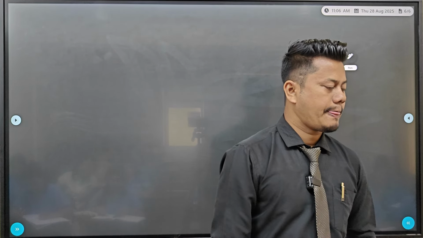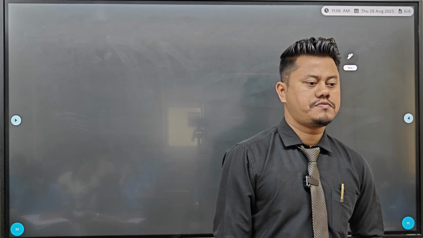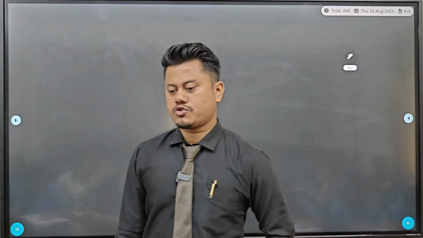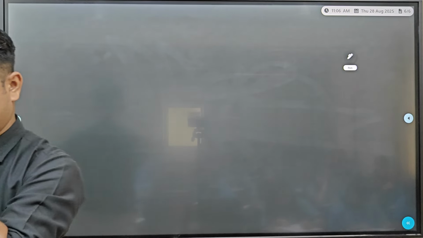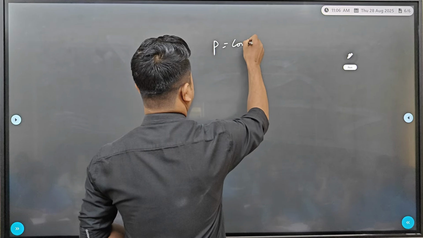That's called isobaric. You can simply write a short statement: thermodynamic process where pressure remains constant. It means P should be constant, right?